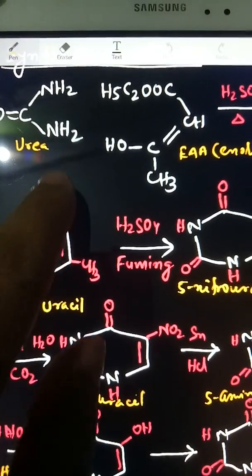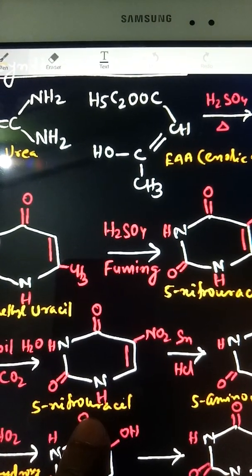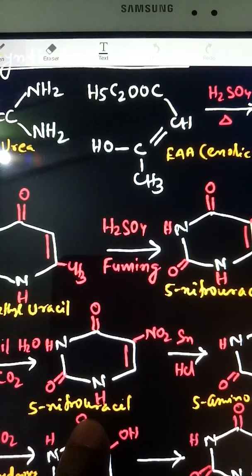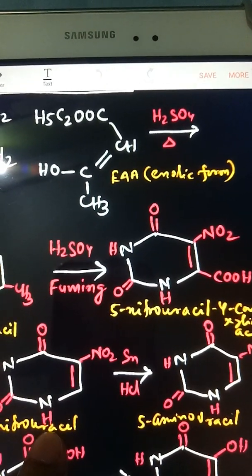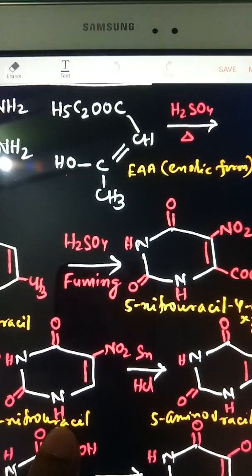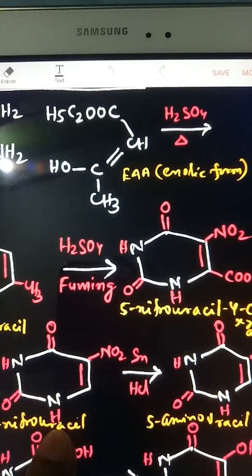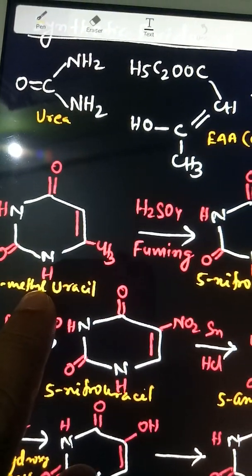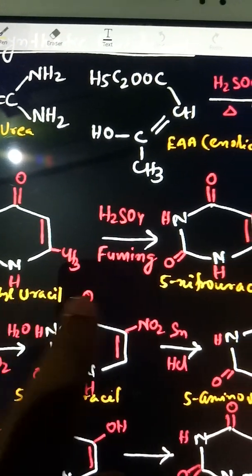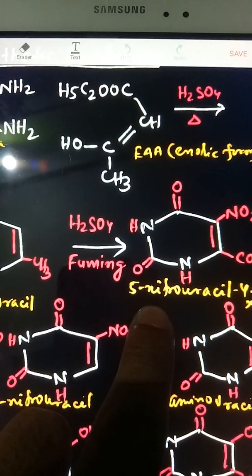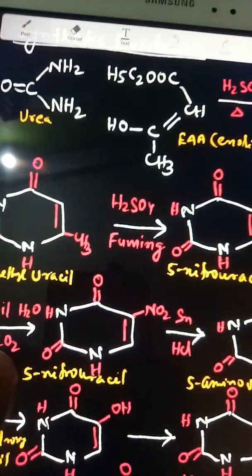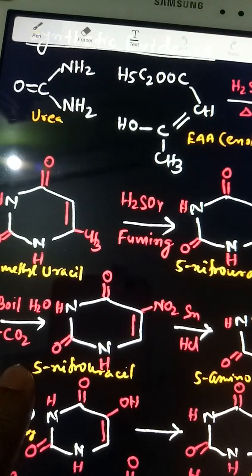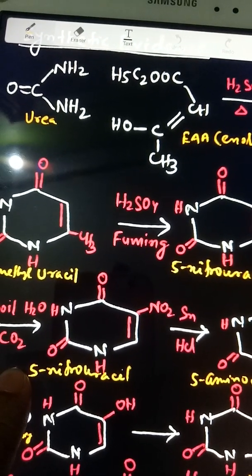So urea reacts with the enolic form of ethyl acetoacetate in the presence of sulfuric acid. 4-methyl uracil is formed. This is 4-methyl uracil. React with fuming nitric acid gives 5-nitro uracil 4-carboxylic acid. Further, this is converted into 5-nitro uracil.